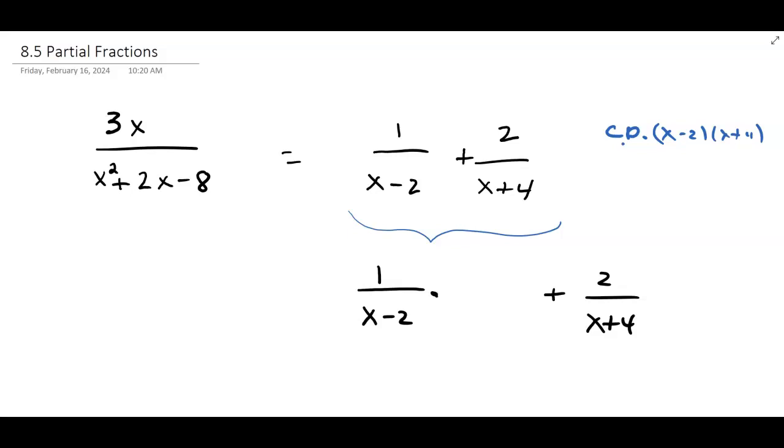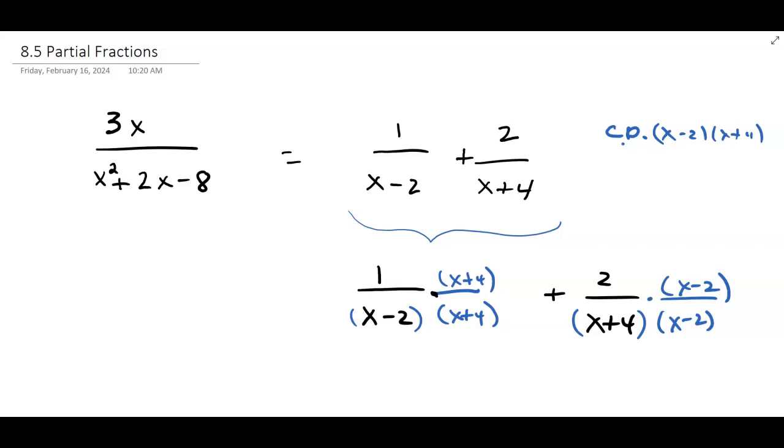Well, I would multiply. I have my x minus 2 here. I need my x plus 4, right? I've got the x plus 4 on this one. I need x minus 2. And this is just a quick review of intermediate algebra in this case.